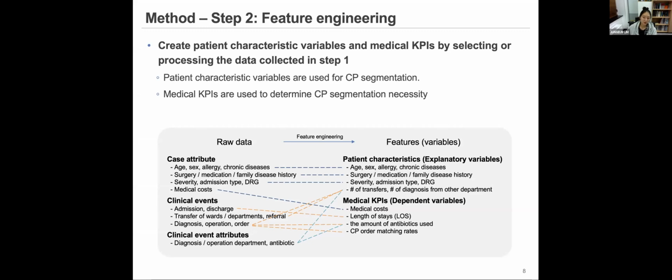For each variable, considering medical KPIs, further analysis is performed in step 3 to check whether a CP segmentation is needed or not. Note that there are a handful of variables and KPIs possible. Among them, some important ones should be selected by the discussion with medical experts.